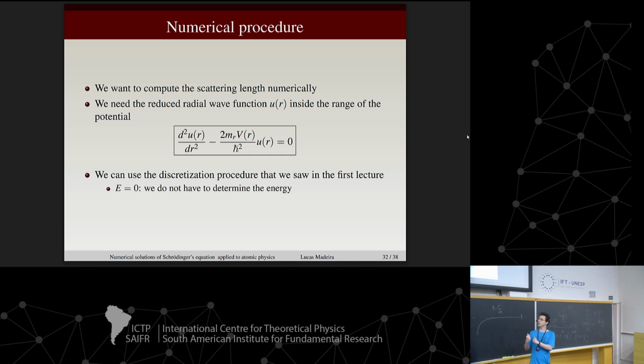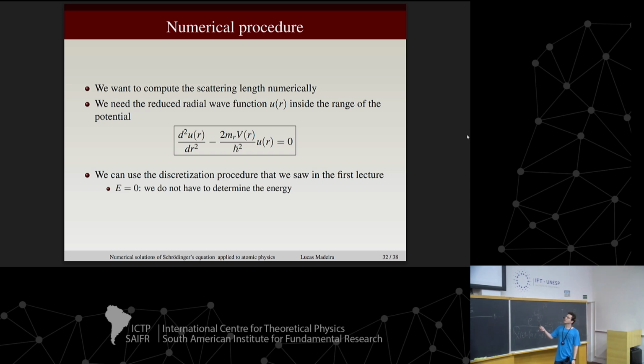But this would be really important if you want to consider some other potentials that don't have analytical solutions. So if you have a code that works for the spherical well, you can change the shape of the potential and then use it to calculate for other potentials that may or may not have analytical solutions. Okay?